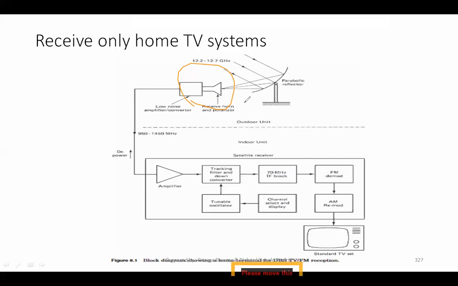Most of the time, the only part that gets damaged is not your parabolic reflector, but your receiving horn, probably in 10 years or 8 years, something like that.